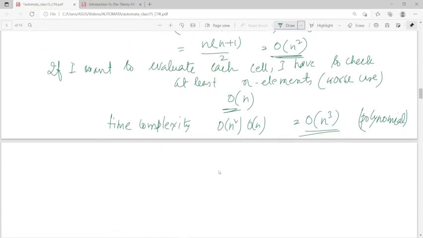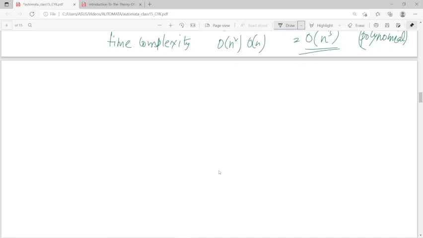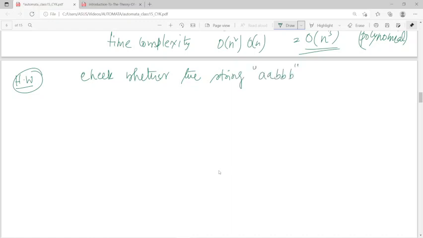And this is the home task for you: check whether the string a b b b is a valid member of the following grammar or not.